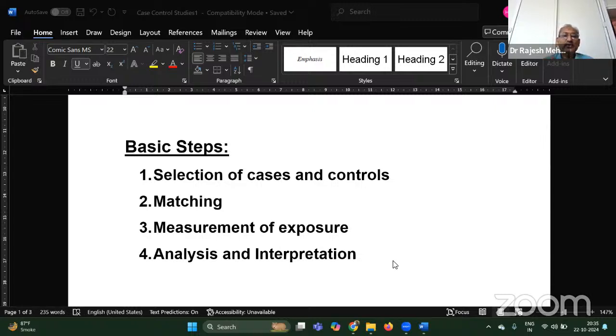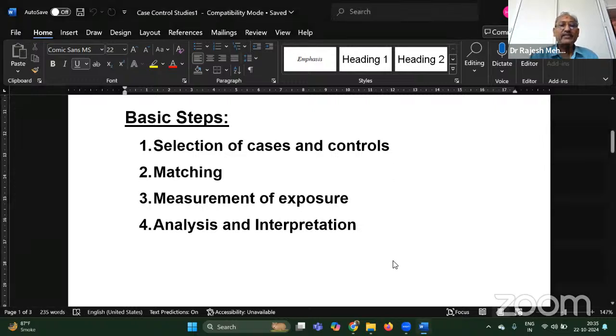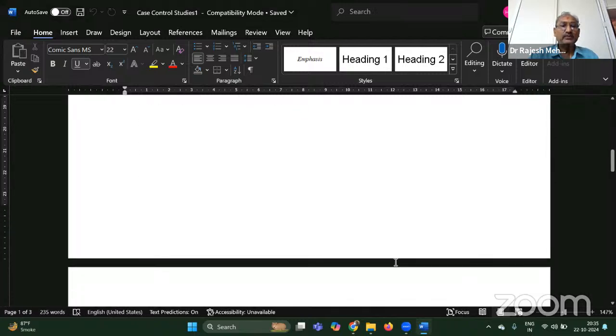Because in exposed and not exposed, we don't have data that way, but we have data the reverse way. Here are the cases, these are the controls, in which they were exposed or not. So total population we don't have, and that's why we cannot go for relative risk, but we go for odds ratios.